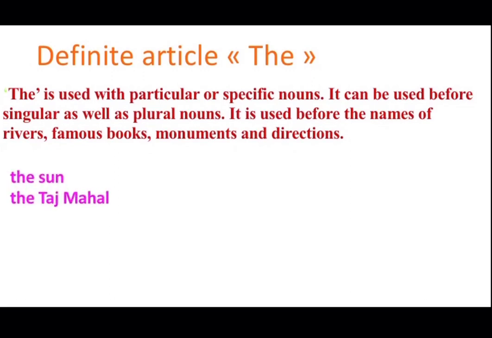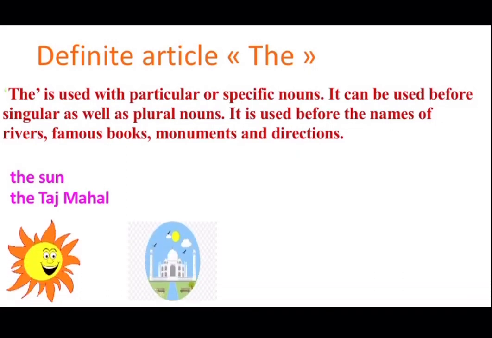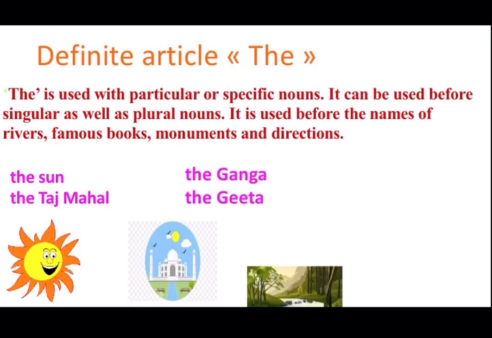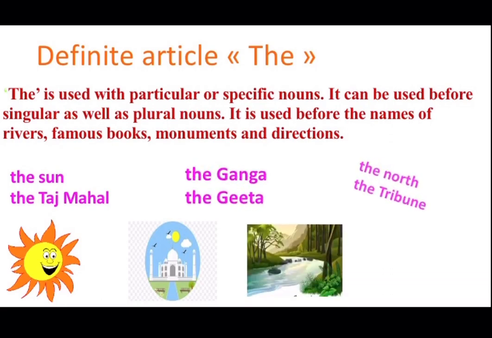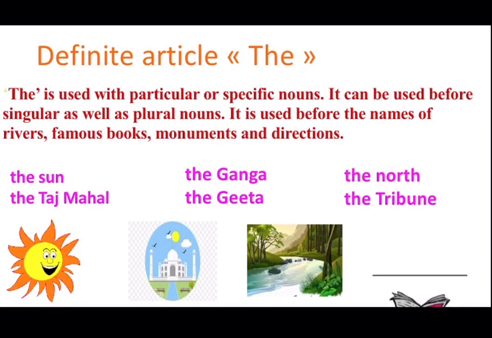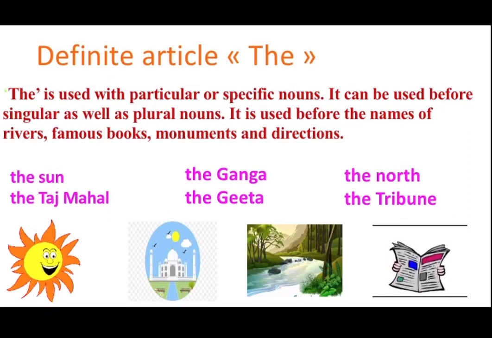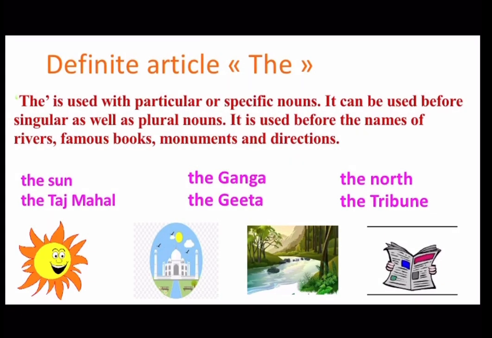For example, the sun, the Taj Mahal, the Ganga, the Gita, the north, the Tribune. In these examples, you can see that the article the is used with all specific nouns like sun, Taj Mahal, Ganga, Gita, North and Tribune.